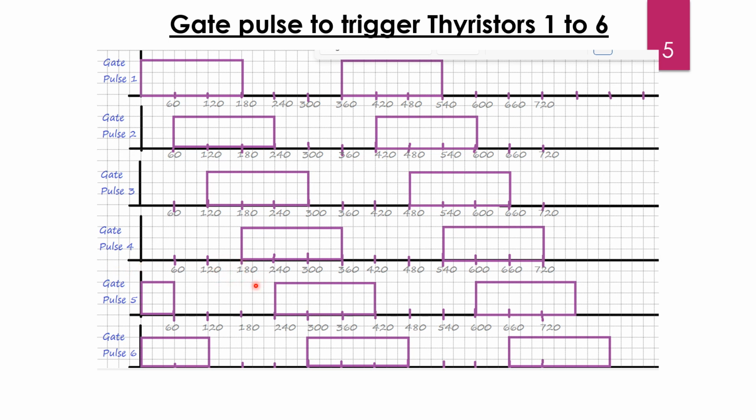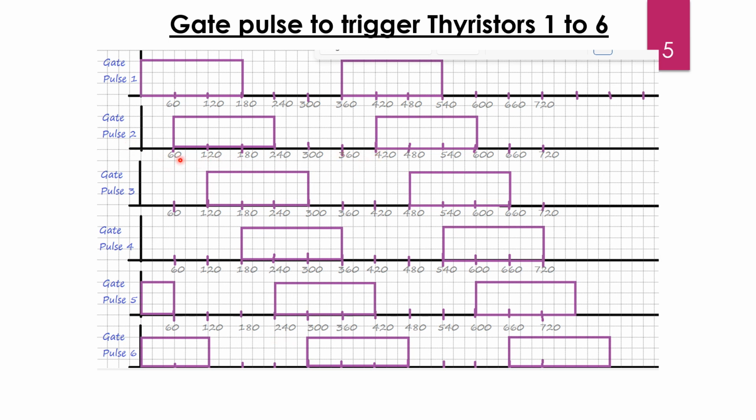Likewise, 3 starts at 120 degree, which is the second arm upper thyristor, and the second lower arm thyristor is T6, which will conduct exactly 180 degree after this, at 300 degrees. Same way, T5 starts at 240 degree, the positive sequence of the C phase, and the negative phase sequence of the C phase is represented by the T2 thyristor, which will start at 420 degrees.